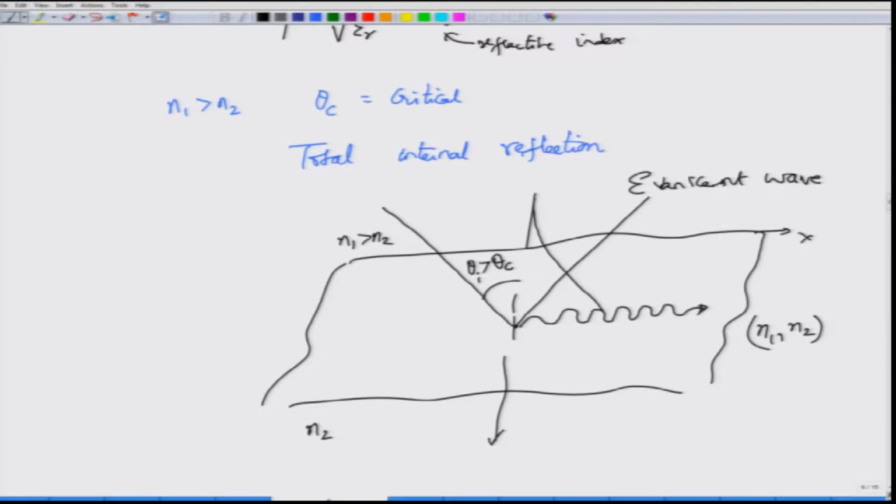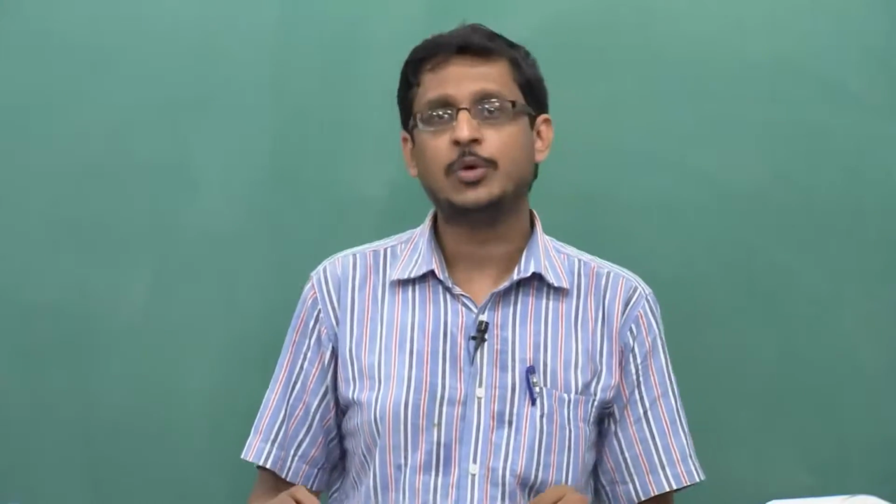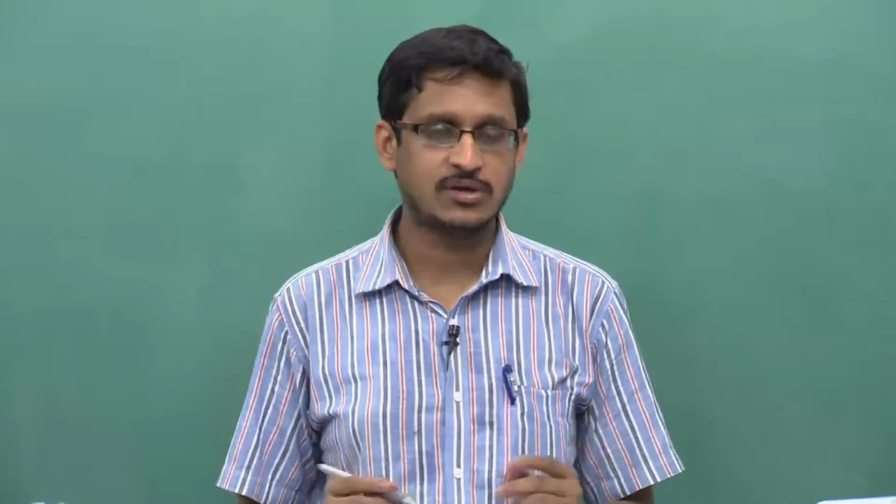If the difference is small, then it will decay more slowly. So this is the evanescent wave whose amplitude keeps decreasing, and eventually the amplitude will be very nearly equal to 0. So you can imagine waves along the ocean which are propagating. This phenomenon is called total internal reflection. We will talk about modes of optical fiber by talking initially about total internal reflection in the next module. Thank you very much.